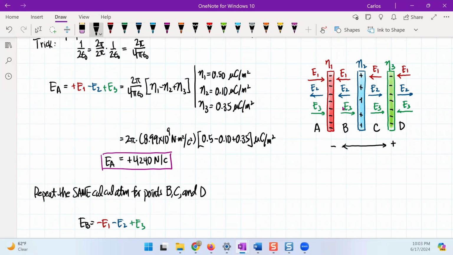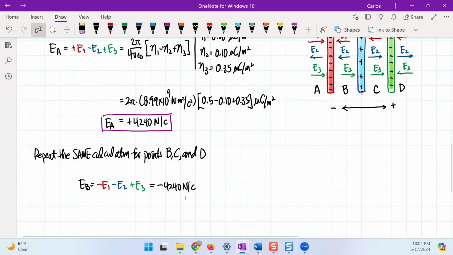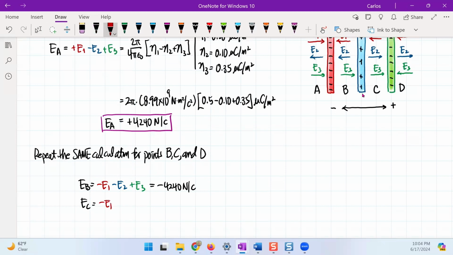So if I compute this value here, I get minus 4240 newtons per coulomb. I do the same thing for C here. If I move through this somewhat quickly, just by looking at the picture, I get a value that now reads minus 2820 newtons per coulomb.